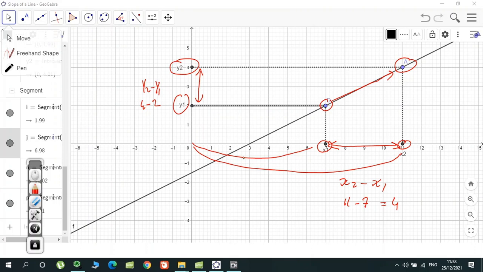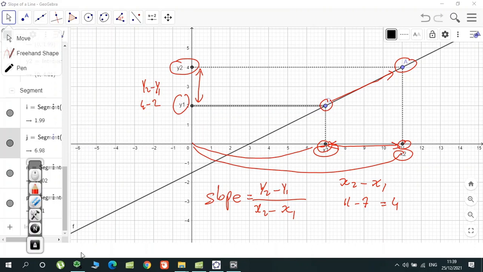So what is our slope? The slope is a change, a vertical change over a horizontal change. Vertical change is y2 minus y1. Horizontal change is x2 minus x1. This is the rule to calculate the slope.